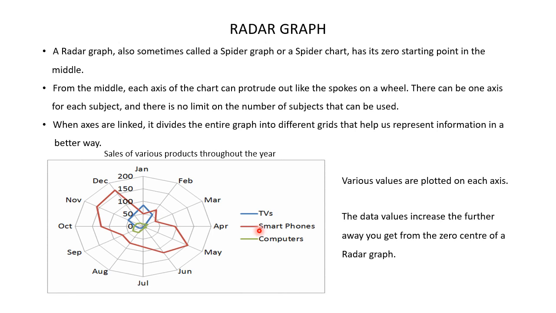Now brown color shows the number of smartphones sold. Supposing you consider the month of May, then you can clearly see that 150 smartphones are sold in the month of May because this point represents 150. Now green color shows the number of computers sold. Supposing you consider the month of September, as you can see in September, 25 computers are sold.